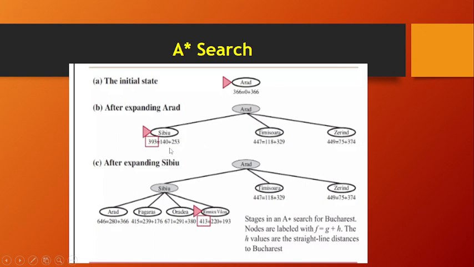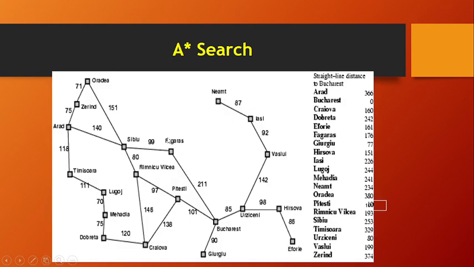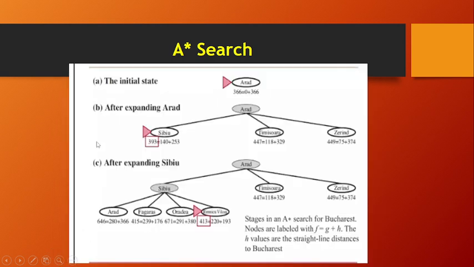Again we need to apply the same formula for the city Sibiu. See this graph here. Arad to Sibiu, the path cost g of n equals 140. So therefore they have taken 140.